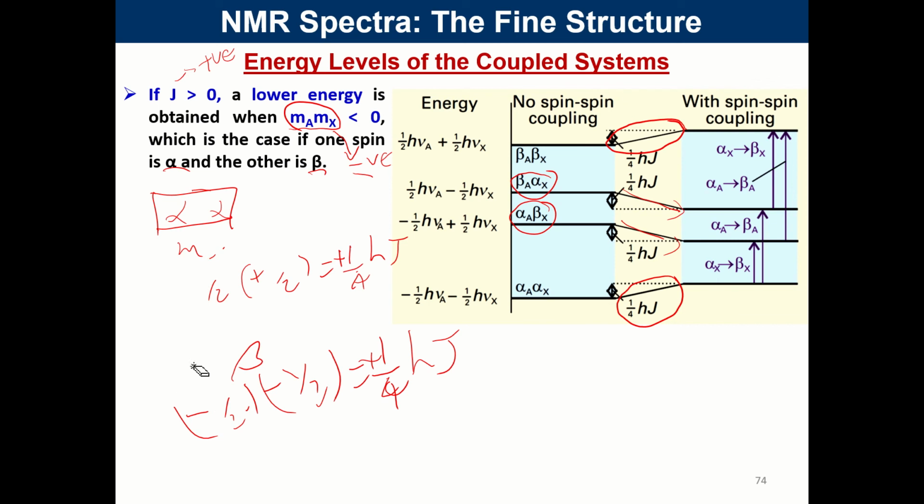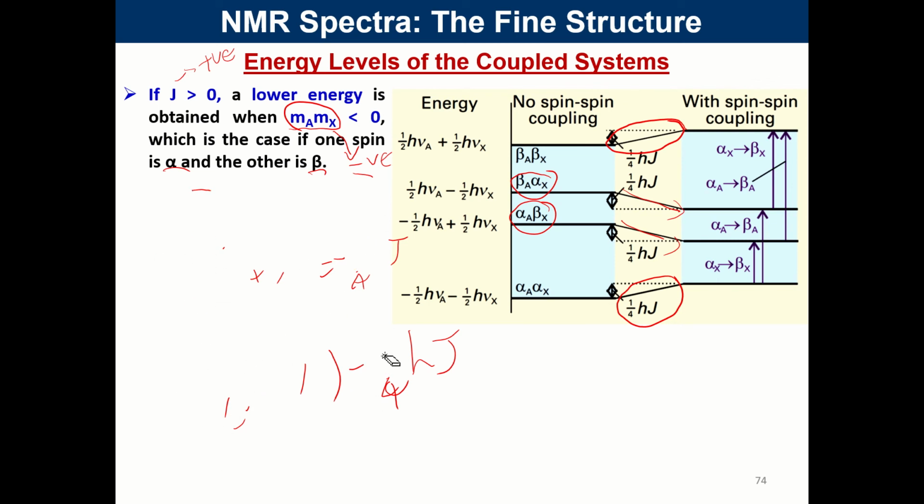And if you have any other condition, alpha or beta, for any of the two nuclei X or A, you will have the reduction as we have shown by this much amount. Okay, so this is the thing that we can find.